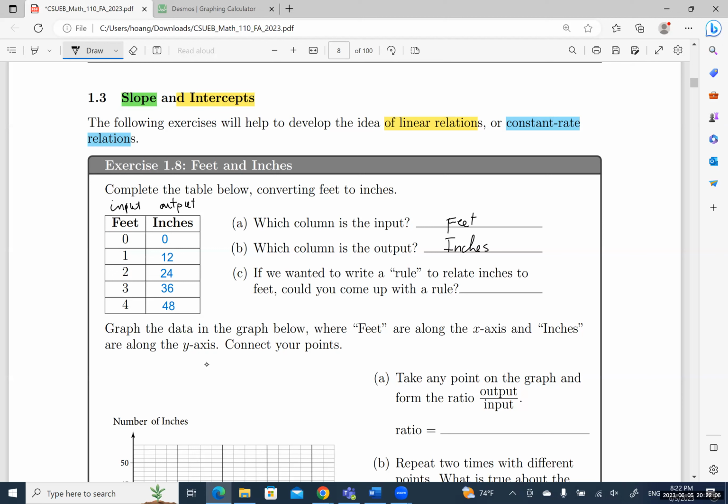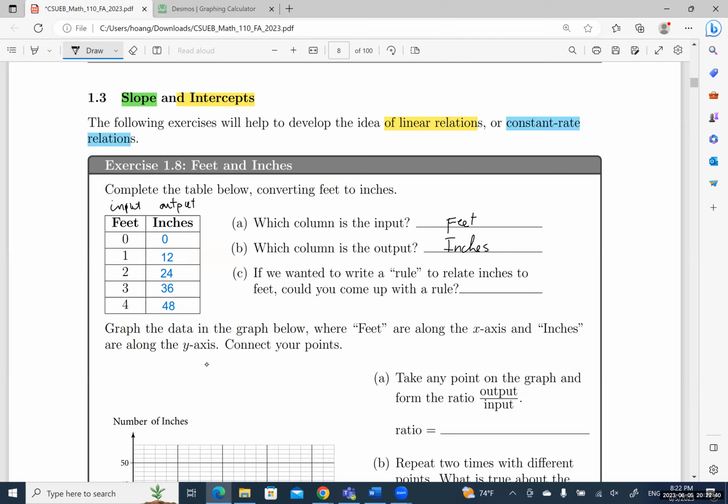So if we want to write a rule to relate inches to feet, could you come up with a rule? As I just mentioned, in order to get from input to output, I just multiply the number of feet by 12 to get the output.